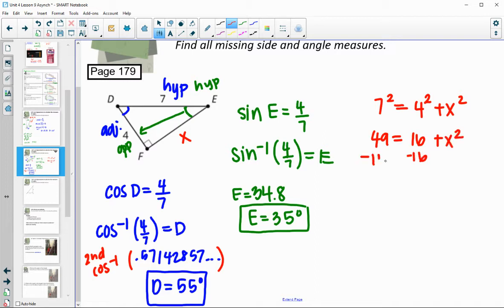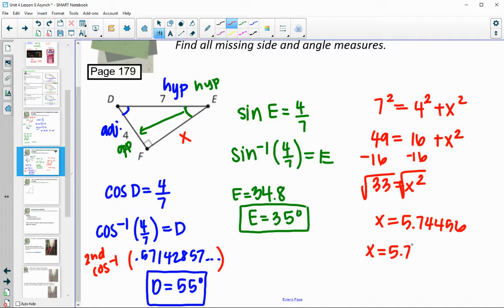Subtract 16 from both sides, and you'd get 33 equals x squared. Square root that in your calculator, and you get 5.74456. You can round to the nearest tenth. So x equals 5.7.